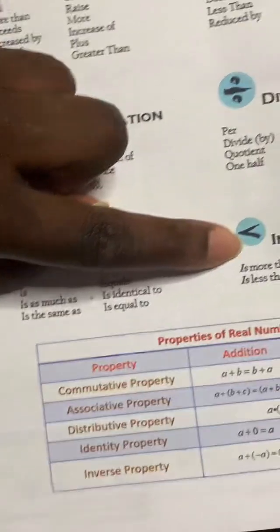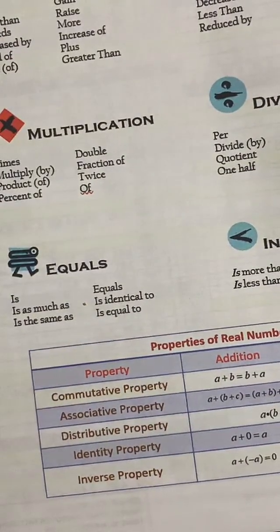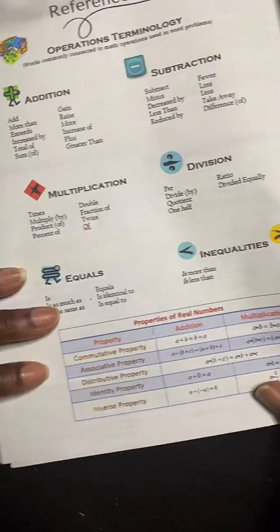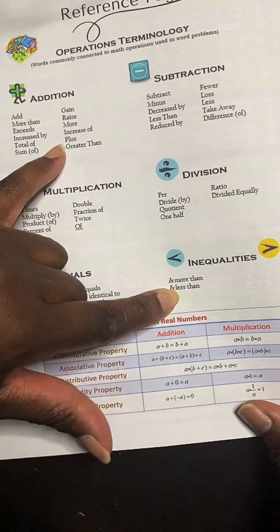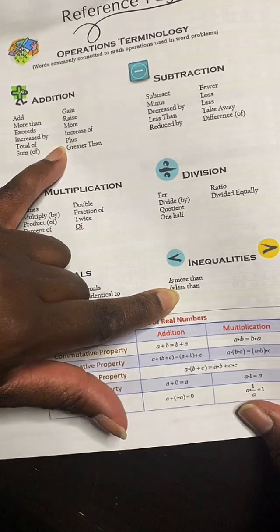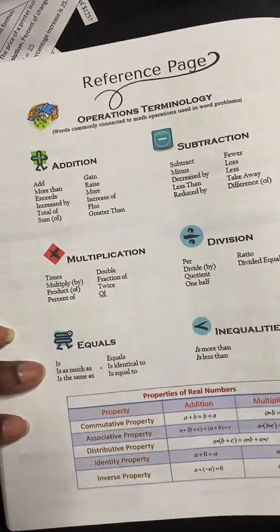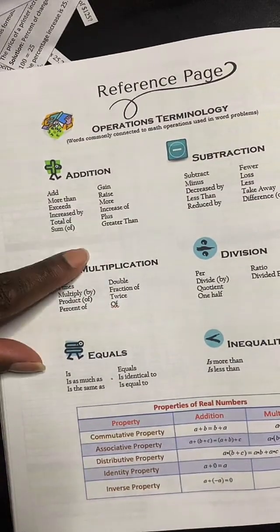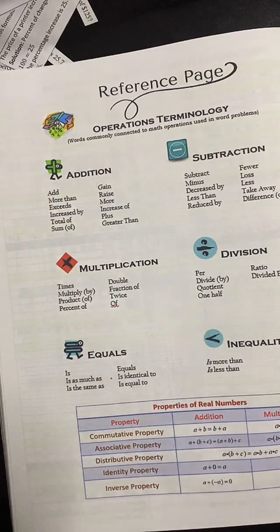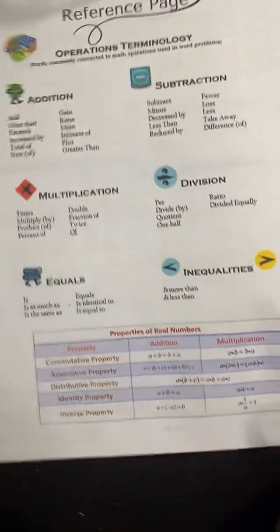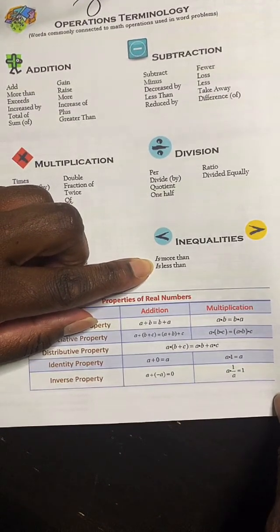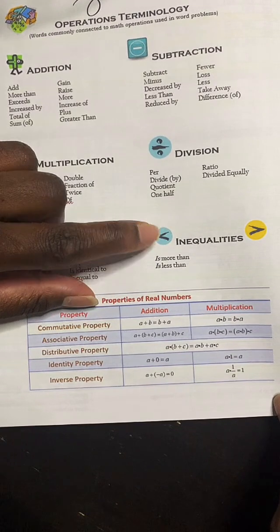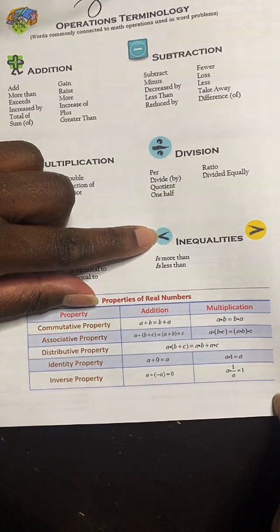Now, inequalities. We have to please get this straight in our minds: the difference between the inequality and the addition more than. When you read the words more than, that is addition. That is different from is more than, which deals with inequalities: less than, greater than, less than or equal to, greater than or equal to.